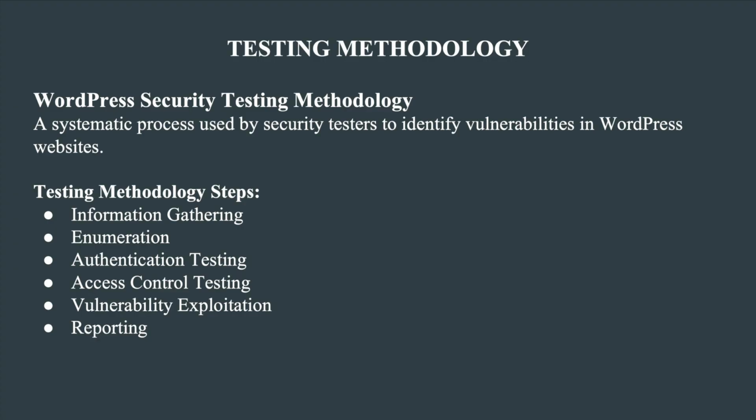Then authentication testing and access control testing to identify weaknesses. Vulnerability exploitation means that once vulnerabilities are discovered, testers attempt controlled exploitation to confirm their impact. Finally, all findings are documented in a security report. These are the testing methodology steps.